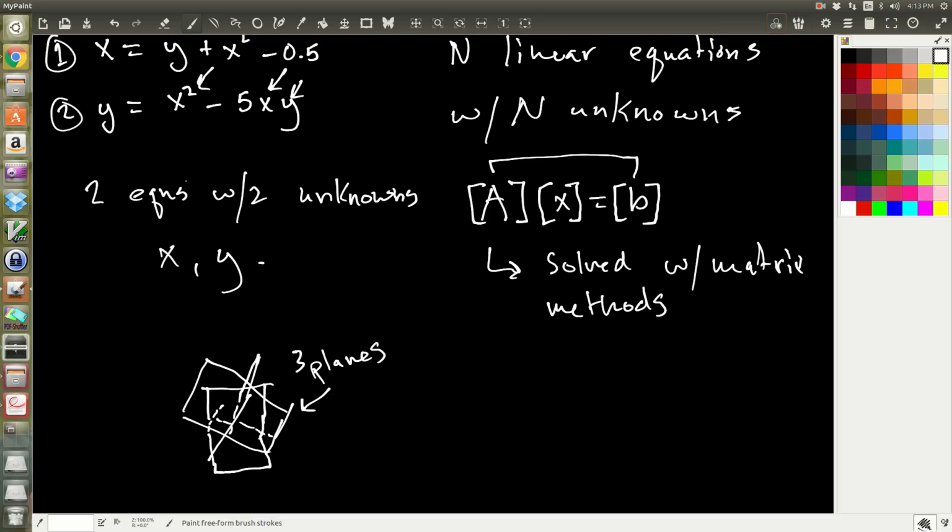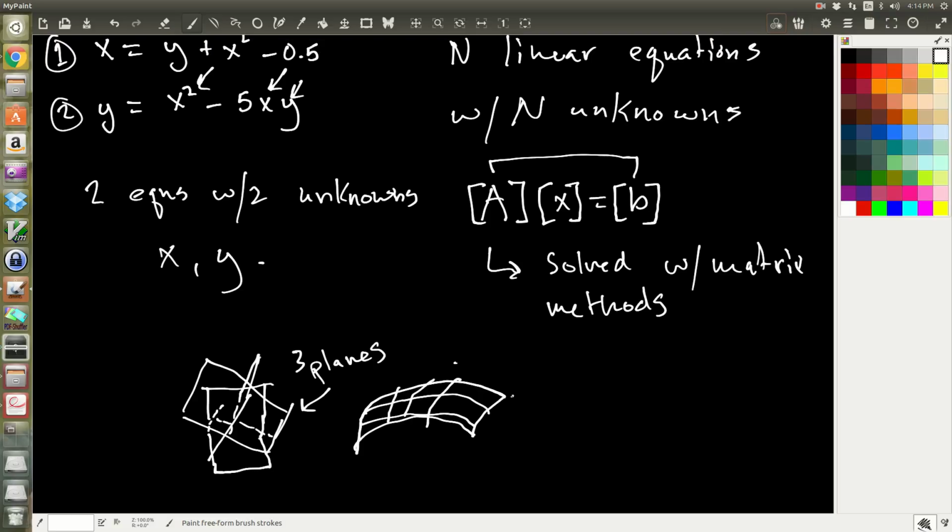Well, now, if we had three nonlinear equations with three unknowns, these planes could be very curved. And we might get one plane that looks something like this, has some kind of curvature to it, and another plane that intersects with it somewhere. And so we might have many solutions that exist. We might have no solutions that exist, or we might just have a single solution that exists.